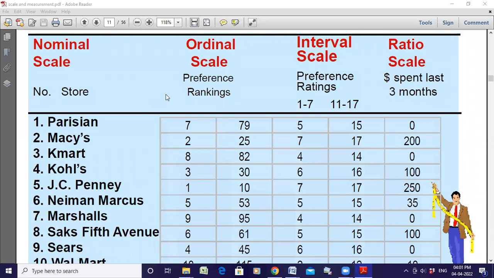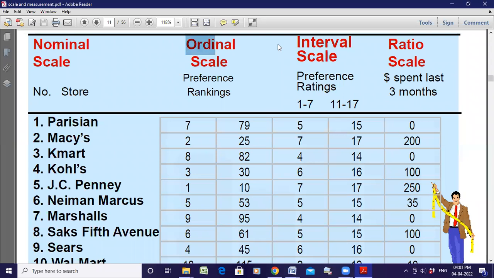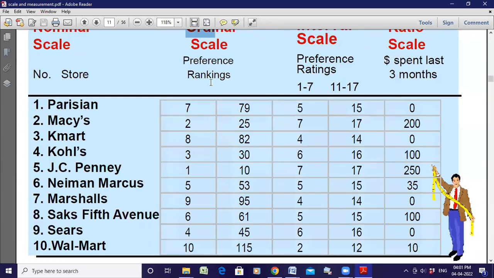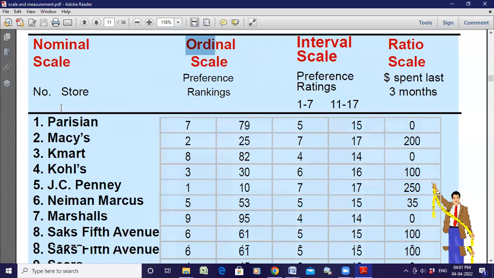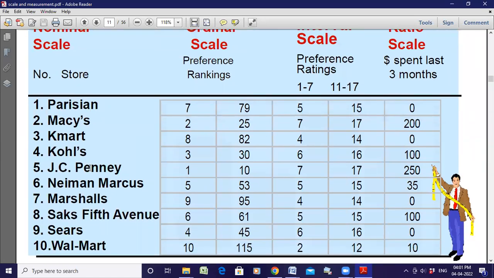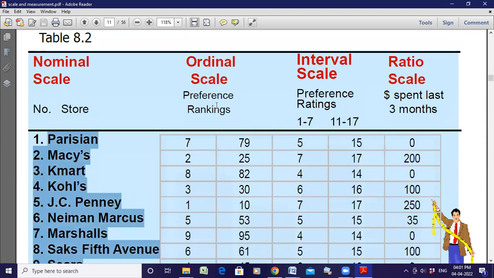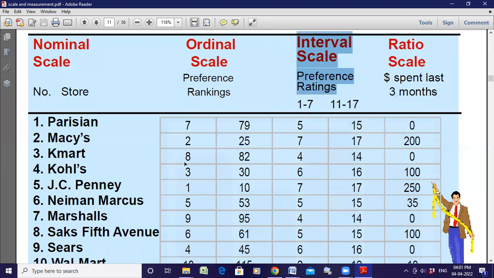This will clear the idea about the nominal scale, ordinal scale, interval scale, and ratio scale. Okay. Nominal scale, as I told you, they're nothing but some identifiers. Ordinal scale, some preference rankings. Then interval scale. Ordinal scale, you understand, no? Some values I am giving, like 7, 2, 8, 3, 1 for them.